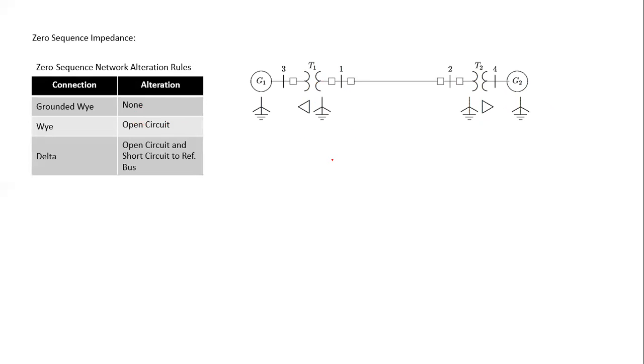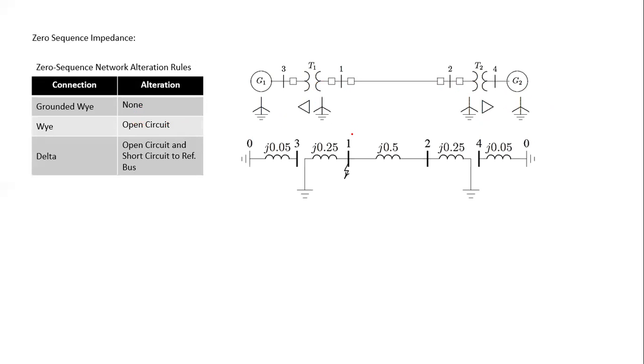To illustrate this, let's substitute the given values for the zero sequence impedance of this system. The generator is grounded Y, so it is still connected to the reference 0 and bus 3.